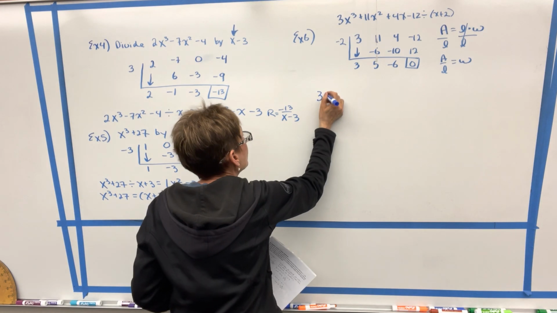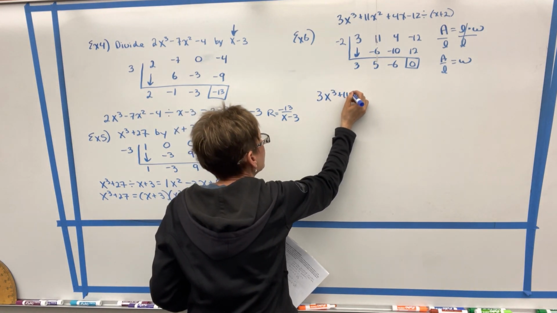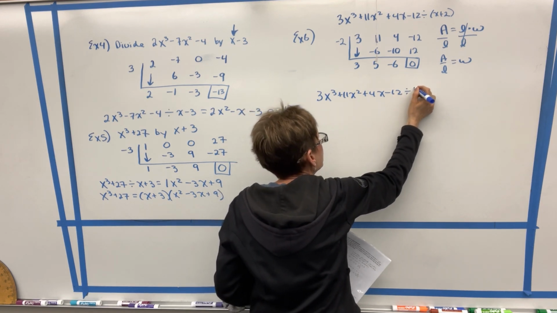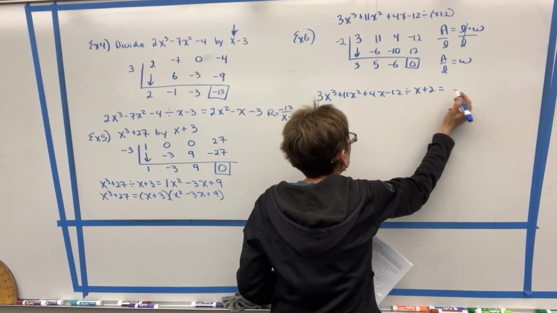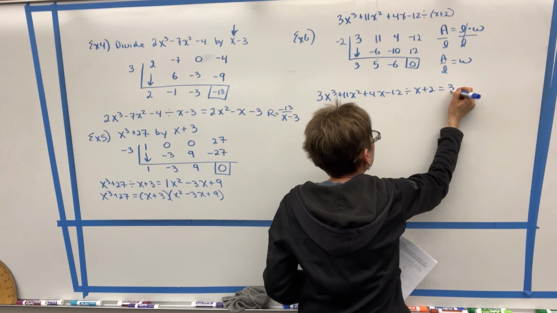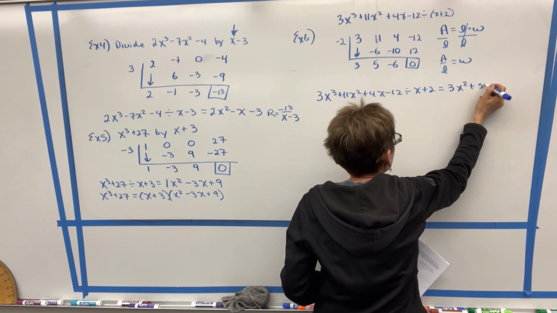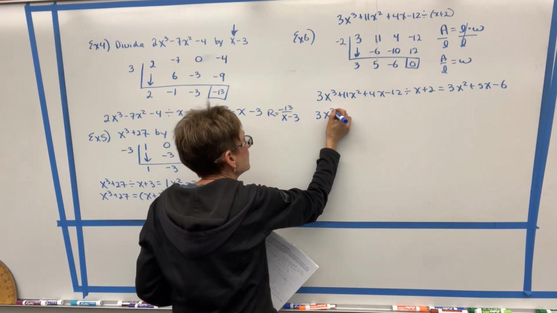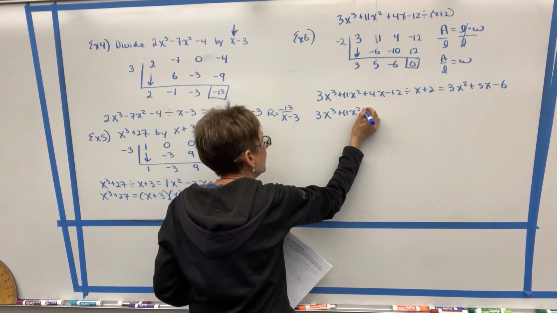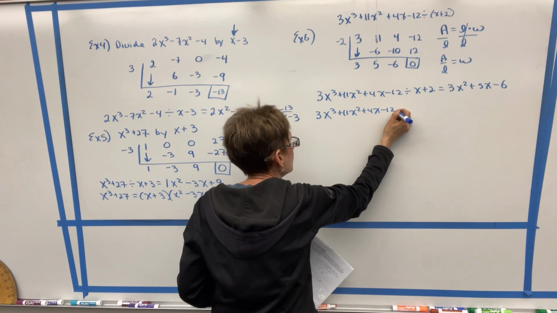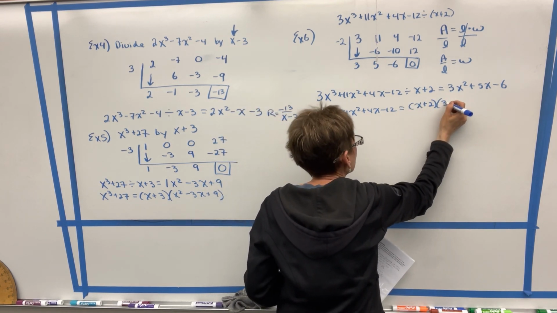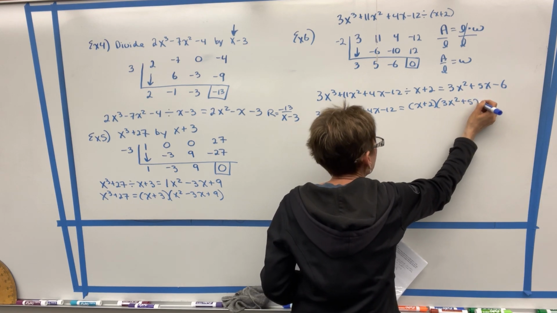So here's what I know. 3x cubed plus 11x squared plus 4x minus 12 divided by x plus 2 equals 3x squared plus 5x minus 6, or 3x cubed plus 11x squared plus 4x minus 12 equals x plus 2 times 3x squared plus 5x minus 6.